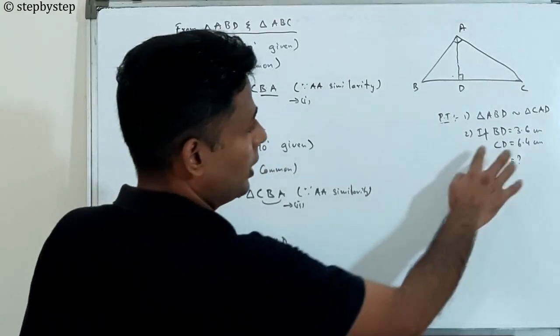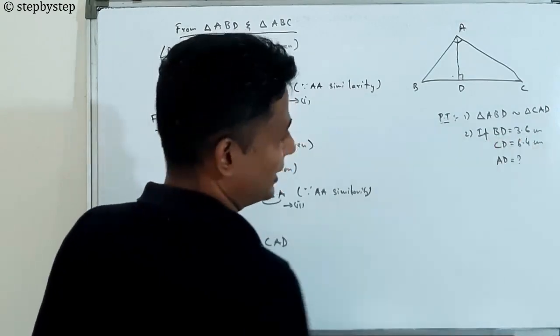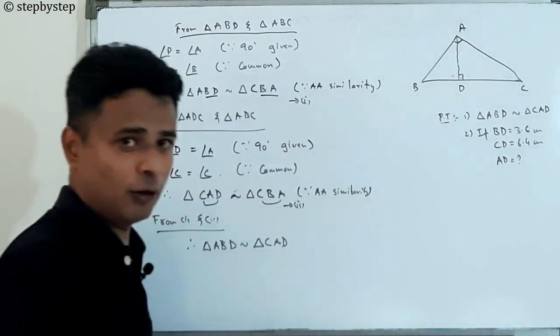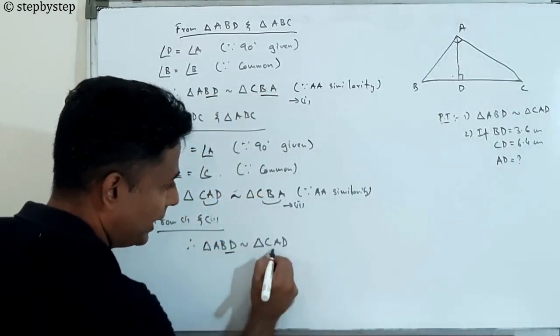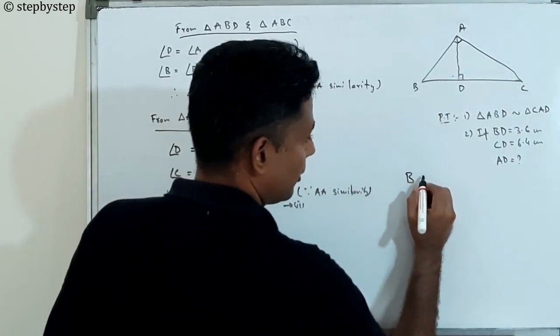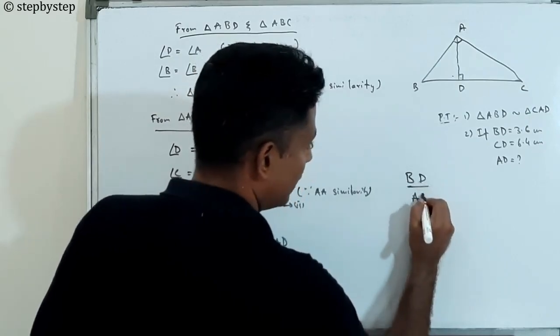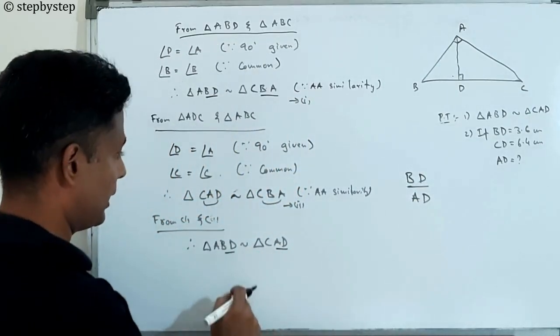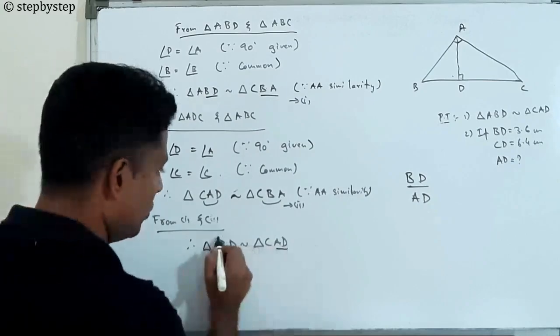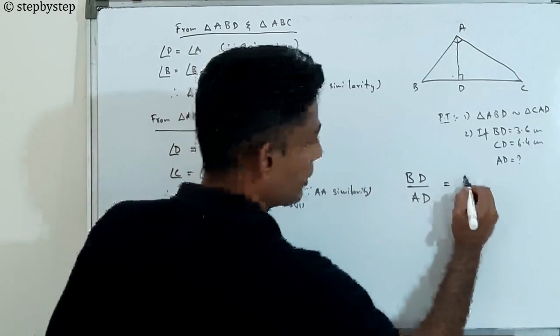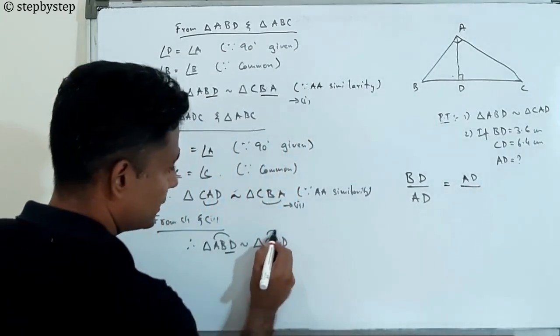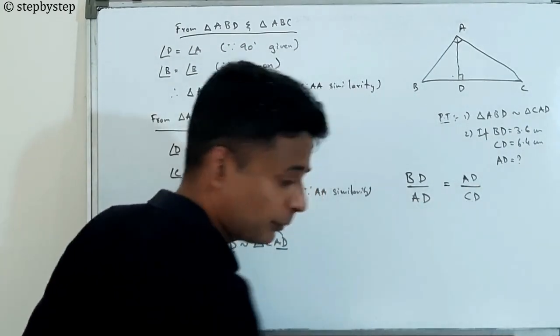Okay guys, now they have given us BD is 3.6 and CD is 6.4 and we need to find AD. Now if you notice this, BD by AD from this similarity, right, is equal to AD by CD, right?